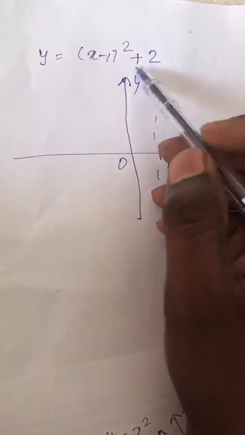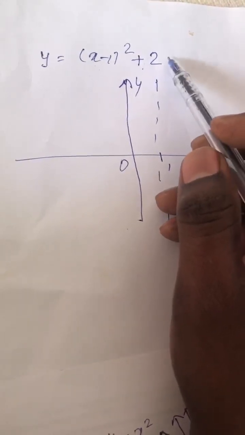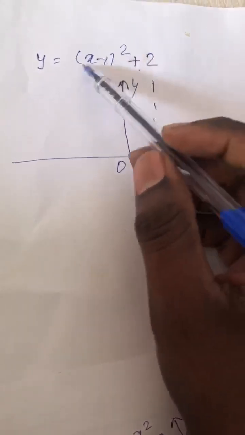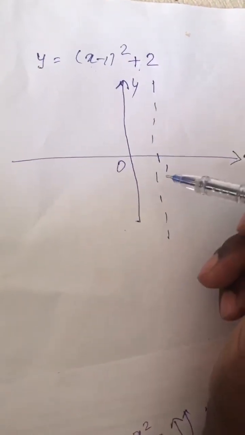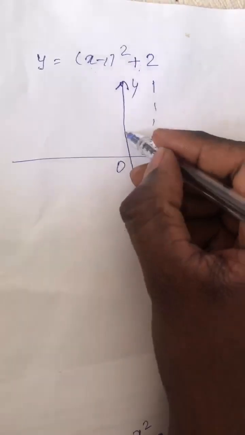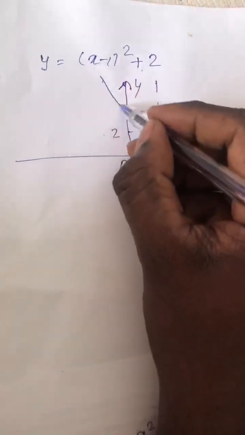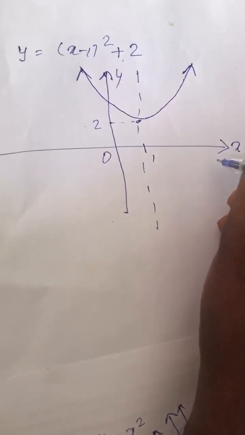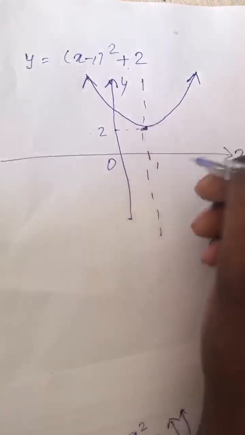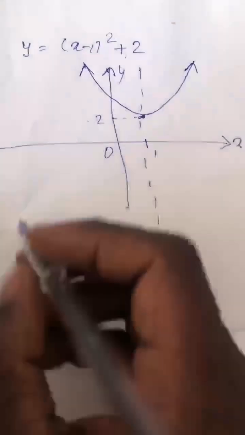You know that I have given you previous examples of how to shift vertically. So plus 2. This is the 2. This is the inflection point. The graph should be like this. Okay, this is the turning point, a minimum point.